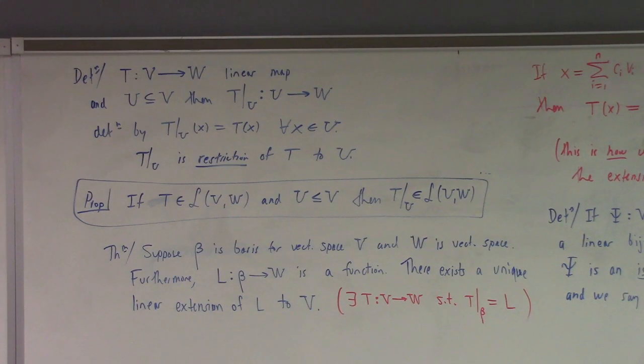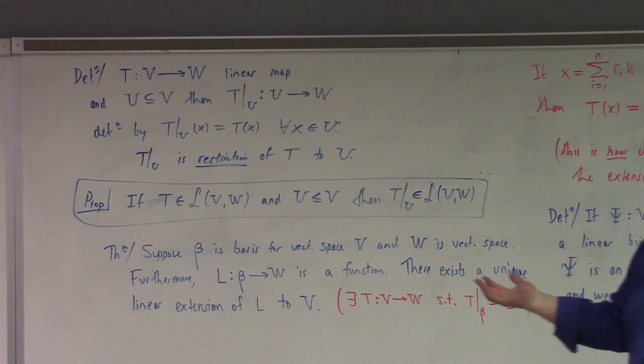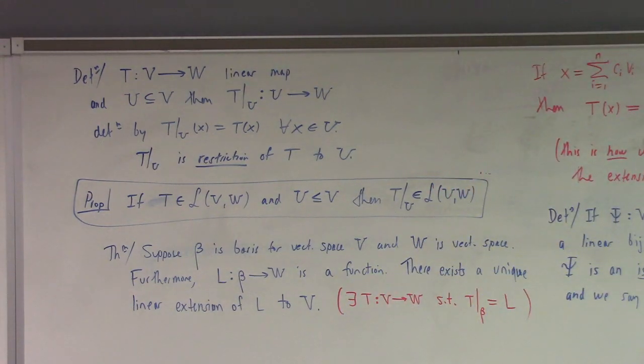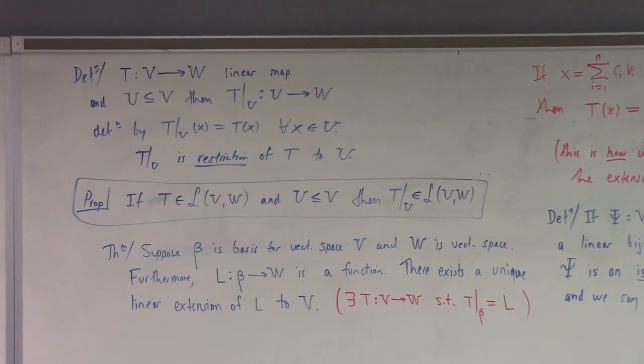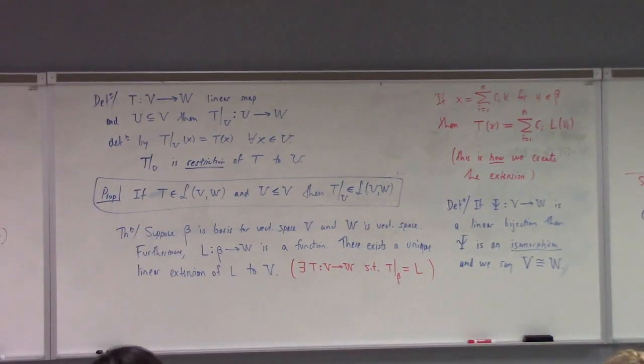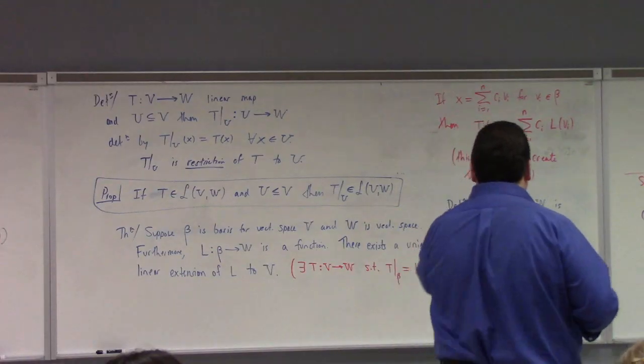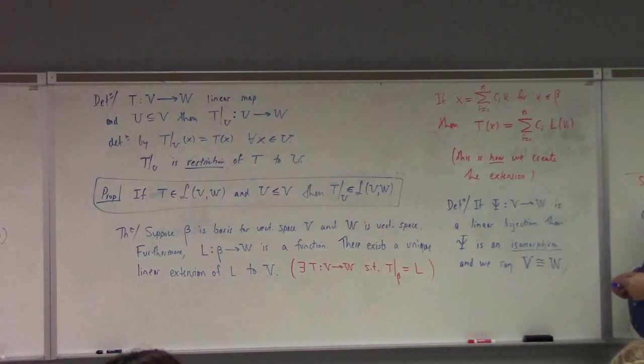So I can define these linear bijections by simply defining how the basis works, all right? Let's review the things we have to work with. An injective map takes a linearly independent set to a linearly independent set, remember that? And a surjective map takes a spanning set to a spanning set, right? So a bijection is a one-to-one and onto map, isn't it?